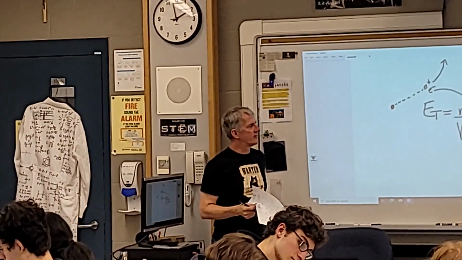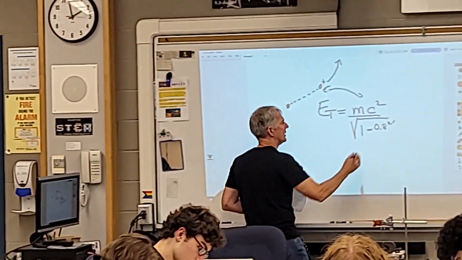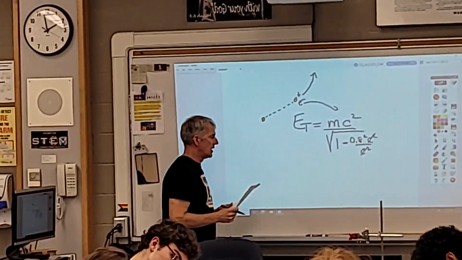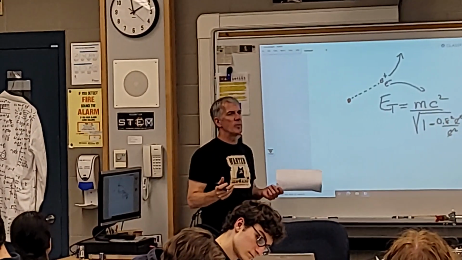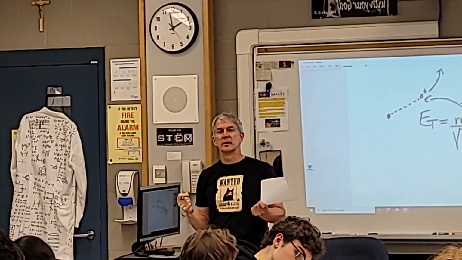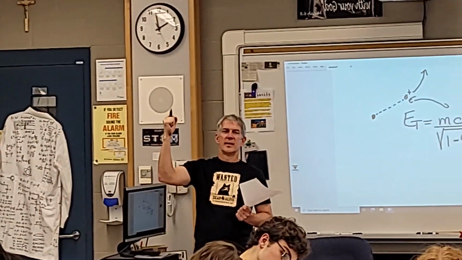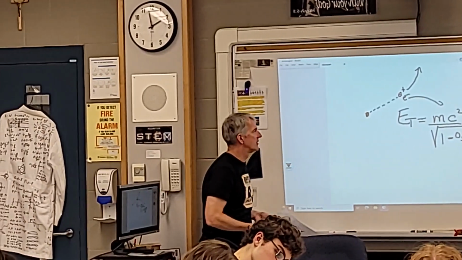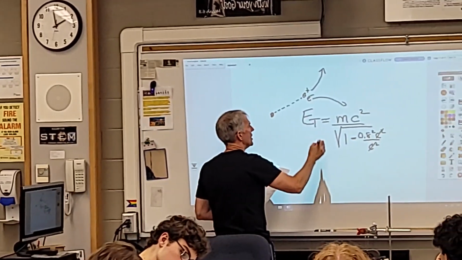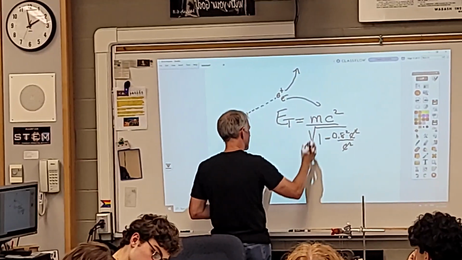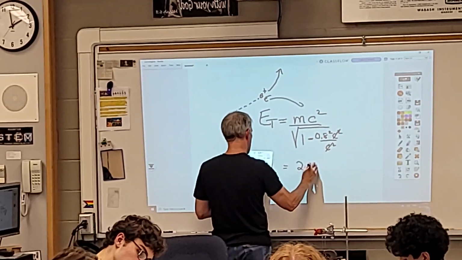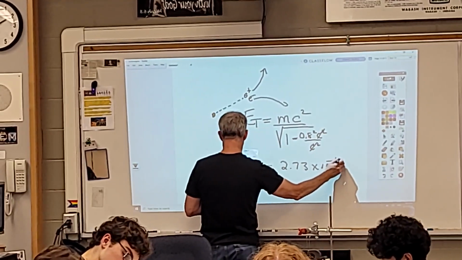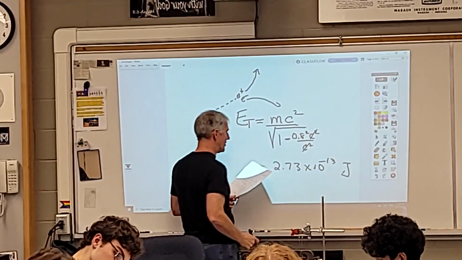The c squared will cancel. So you have to find the total energy, but just remember there are 2 particles. A particle made out of energy usually has a positive and negative sign, conservation of charge. So you have to put in 2 electrons here to get a total energy of 2.73 times 10 to the minus 13 joules of energy.